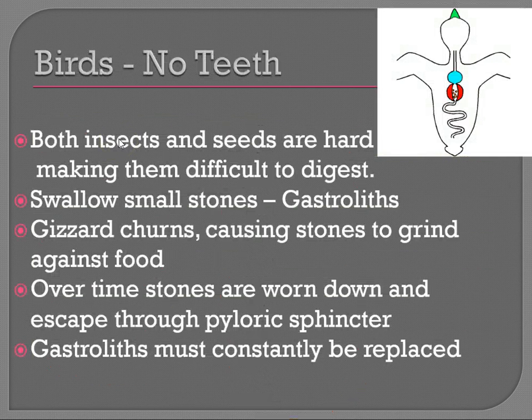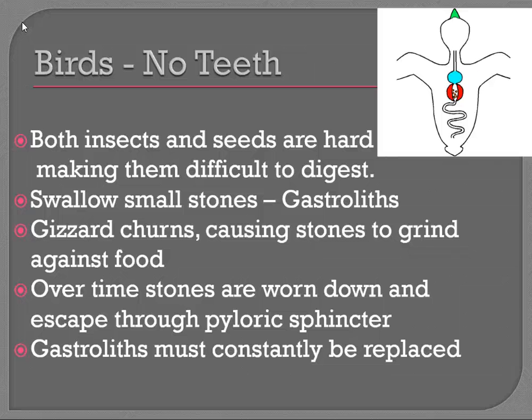Now, birds do not have teeth, and so insects and seeds are hard, and that makes them difficult to digest. And so birds actually do something that is very interesting. It's a behavioral adaptation as opposed to a physiological adaptation. What they do is they swallow little small rocks, which are called gastroliths. And they are going to stay in the gizzard, which is this muscular organ that birds have.